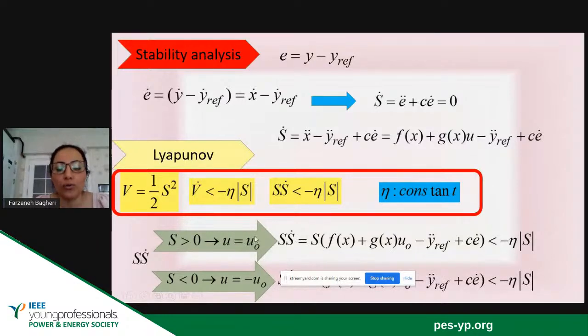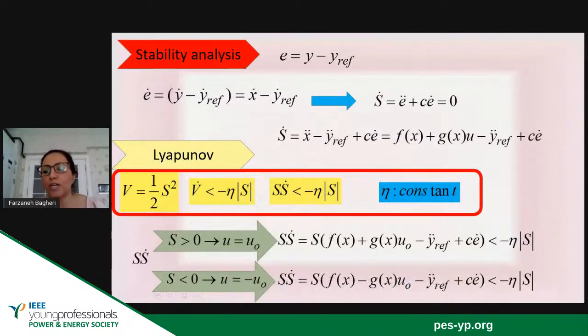When u is equal to u naught, we will find s dot, and when u is minus u naught, again we will find s dot. So for each situation, we will have an inequality. S dot should be less than minus eta magnitude of s. Again, for the second situation, we have s dot less than minus eta magnitude of s.